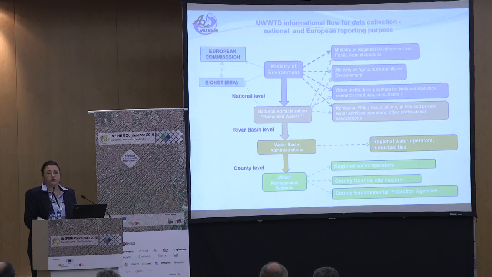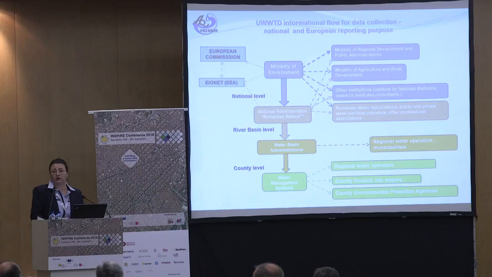Also, we have the support of the National Institute for Statistics, which covers all information about population, administrative units, economic jobs, and so on, what is required under reporting from Articles 16 and 17. And also research institutes, when we have impact problems, can help us to clarify, especially for the low stringent limits.